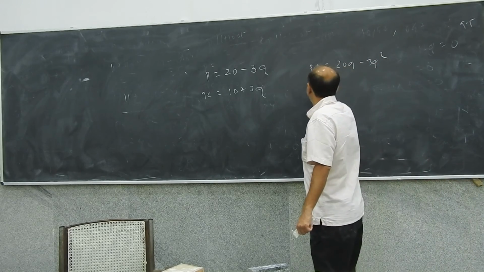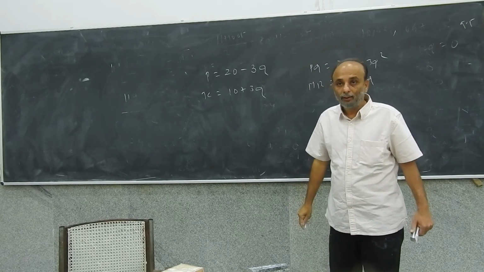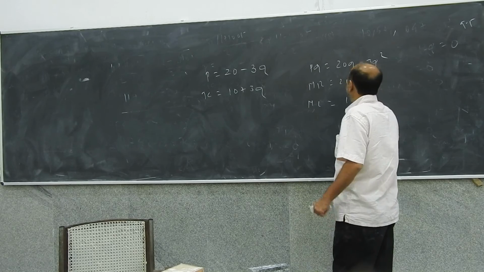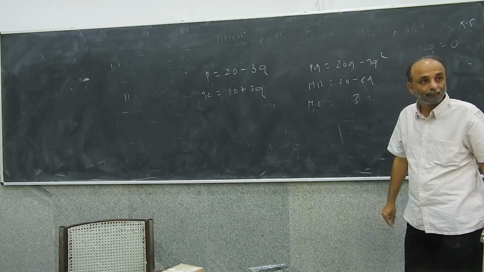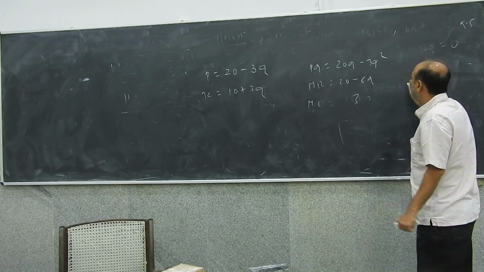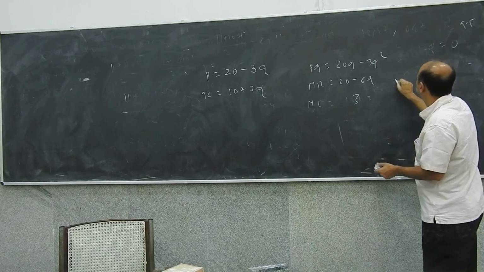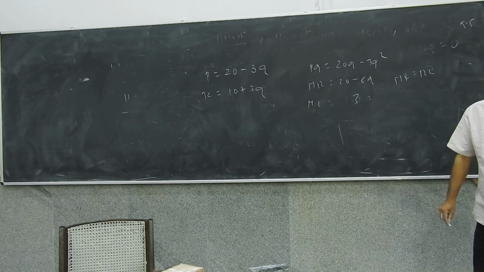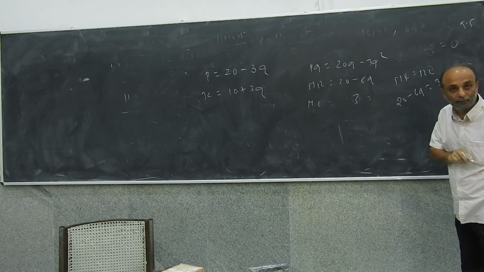Marginal revenue is equal to 20 minus 6Q, right? Marginal cost is equal to 3. And therefore the equilibrium happens at MR equals MC, so 20 minus 6Q is equal to 3.